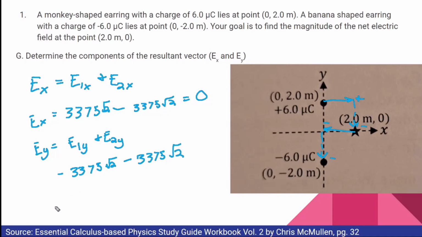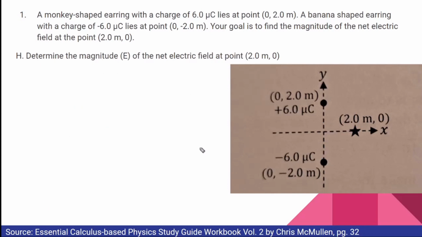This results in the net y component being negative 6,750 radical 2. And because this is still a component of the electric field, the units are still newtons per coulomb.